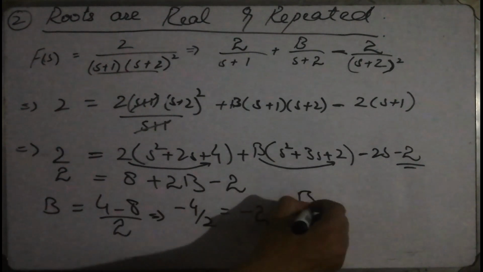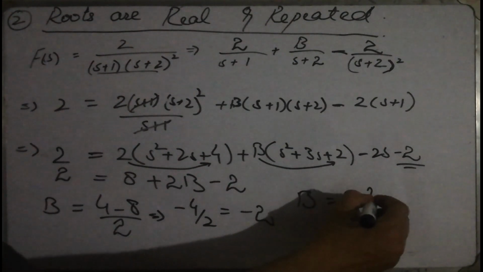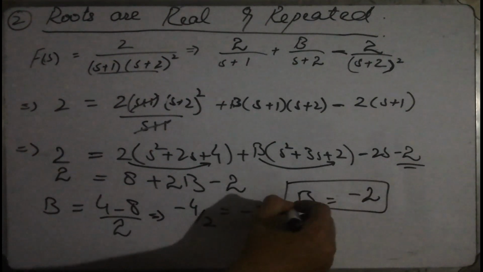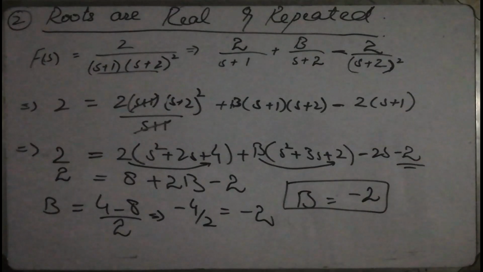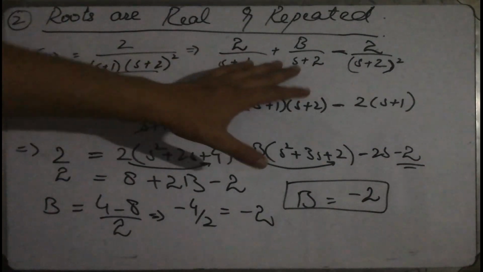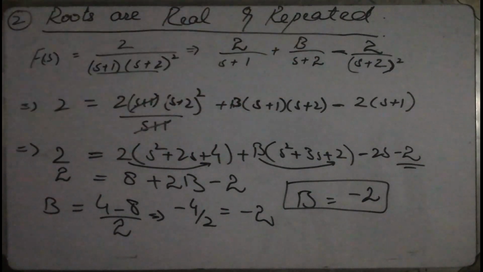So our final value of b would be equal to negative 2, right? So that's how we would find it in the case when there are real roots and repeated as well.